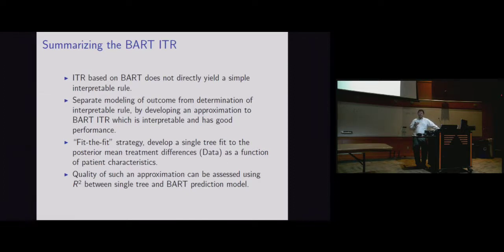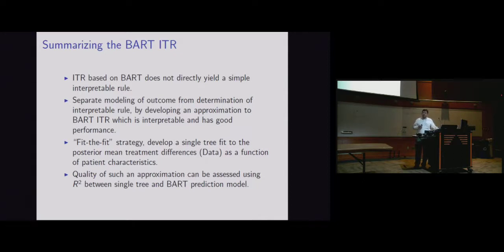And now we try and fit that posterior mean treatment difference to the patient characteristics. Now, not treatment, because treatment is out of the picture now. We've already taken differences between two treatments, so there's no longer a treatment variable to include in this second stage model.